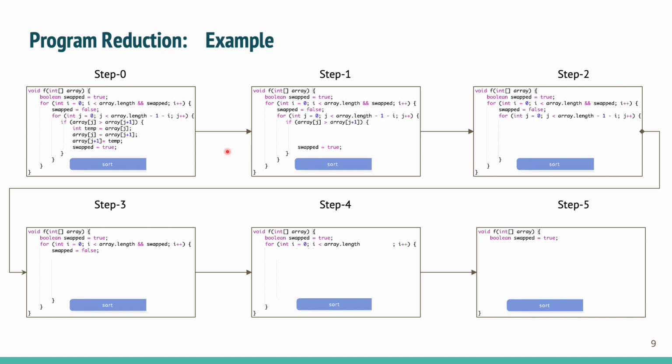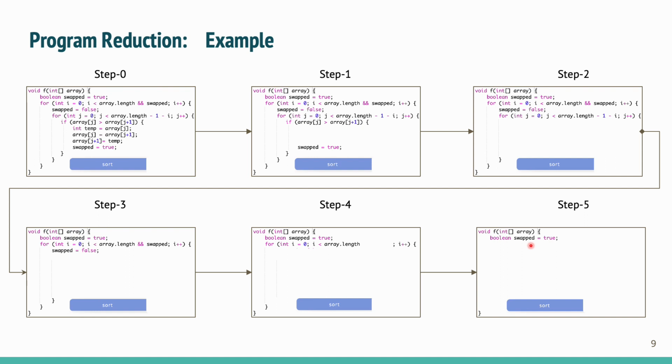Clearly, the model is not using the full context from the code, like looping, element checking, or the value swapping. It only needs the information about the array argument and the swap control variable to recognize the code as a sort function.